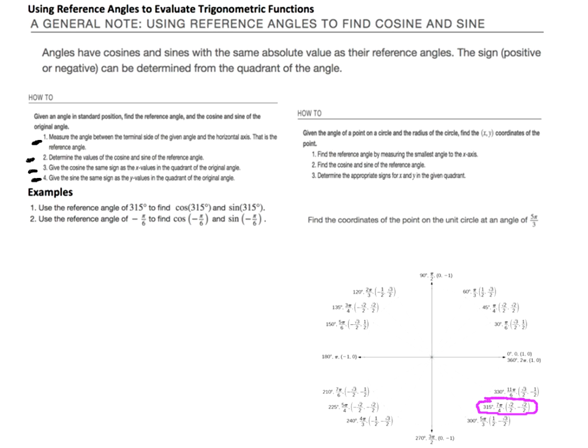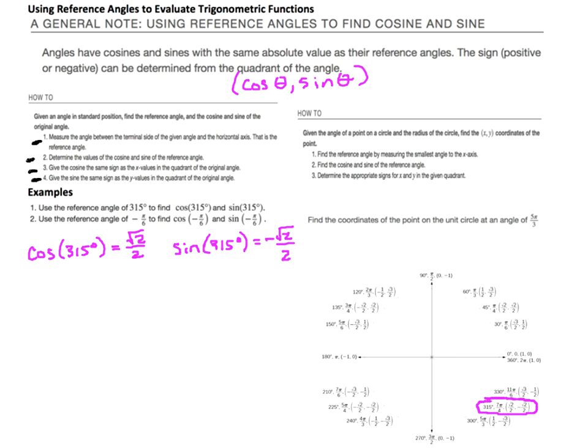So remember, my point comes in the form of cosine theta, sine theta. Okay, so the cosine of 315 degrees is equal to the square root of 2 over 2. The sine of 315 degrees is equal to negative square root 2 over 2.